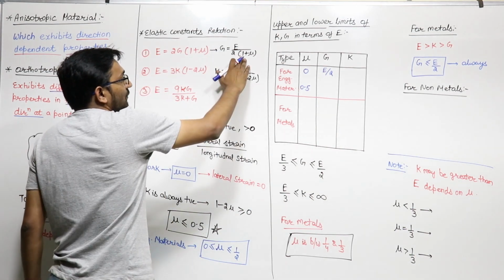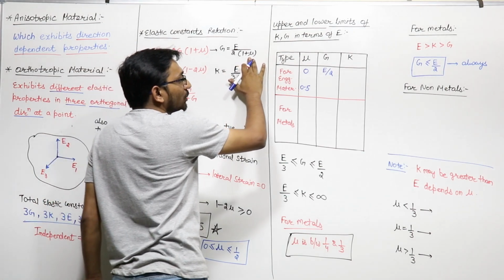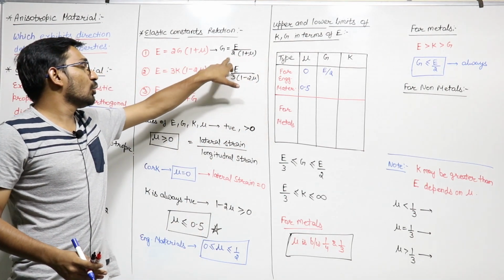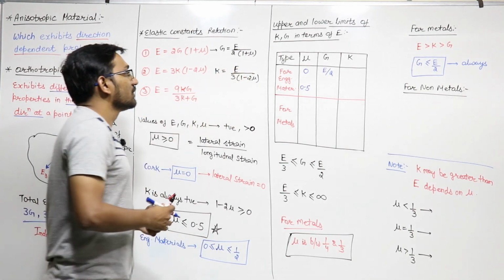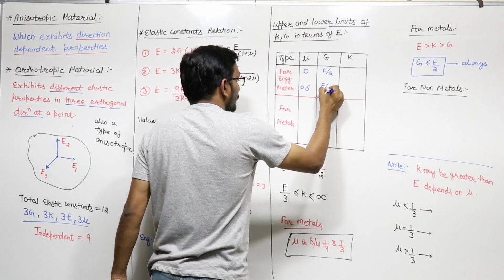If you put the value of mu as 0.5 here, this is 1.5, so 2 into 1.5 is 3, so the value of G will be E by 3.